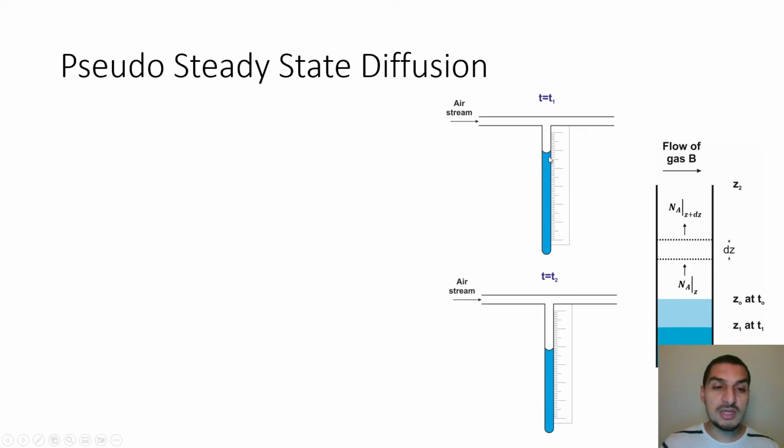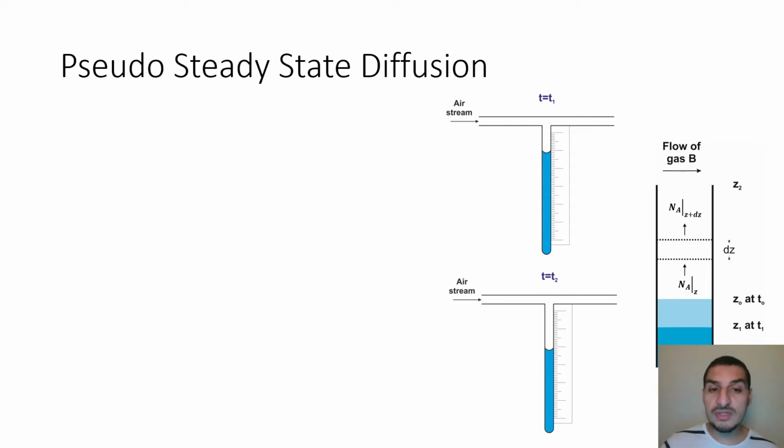The output of this experiment is mainly the height changing with time. In this experiment we take a reading maybe every 30 minutes or so, and in 30 minutes you would notice 1 millimeter, 2 millimeter reduction in the height of the liquid, which is not too much. So the assumption of steady state is a valid assumption in this case.